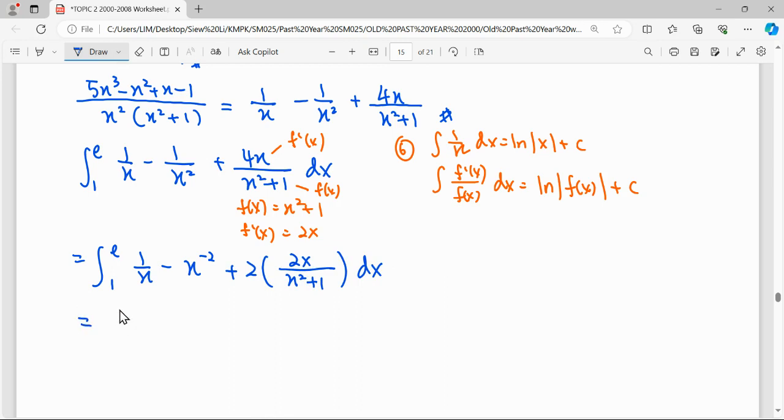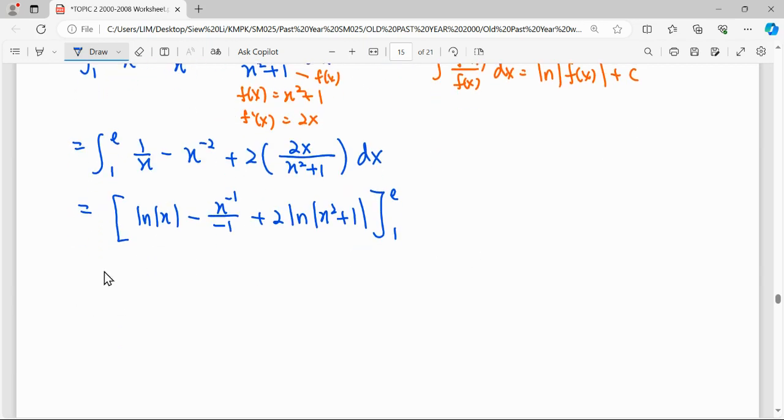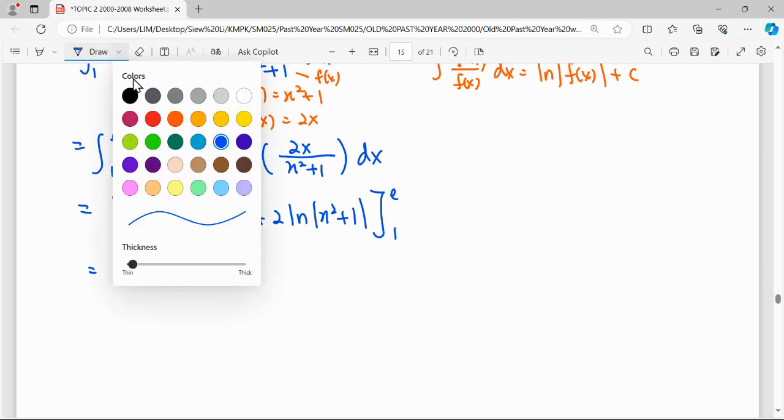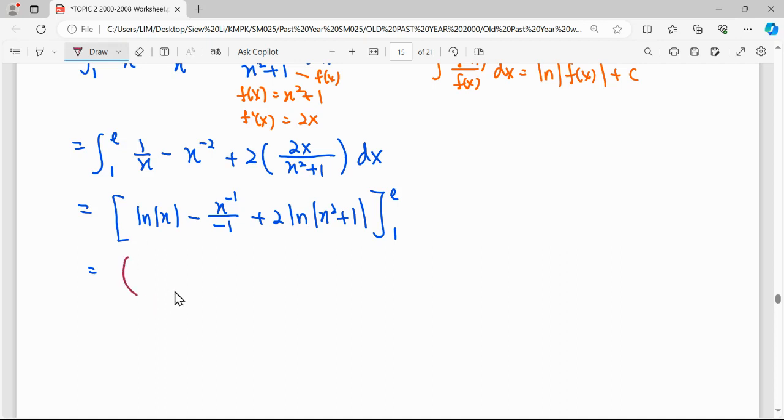Then when we integrate this, it will be ln modulus x, minus power plus 1 over the new power, and then this one ln of the function, with upper limit e and lower limit 1. Then what we need to do is substitute the upper limit minus the lower limit of 1.